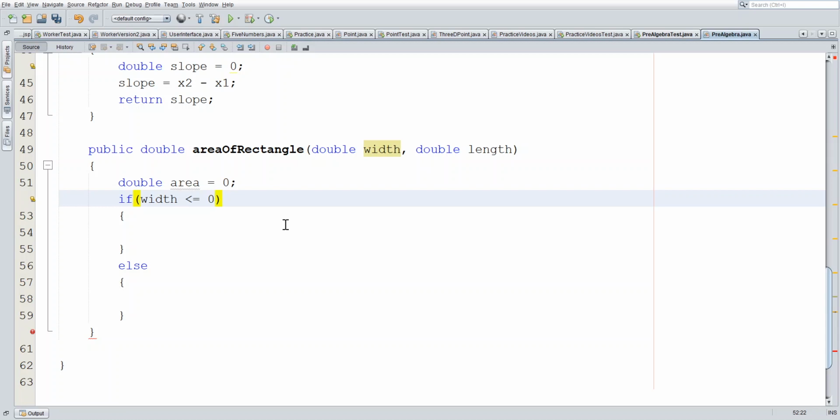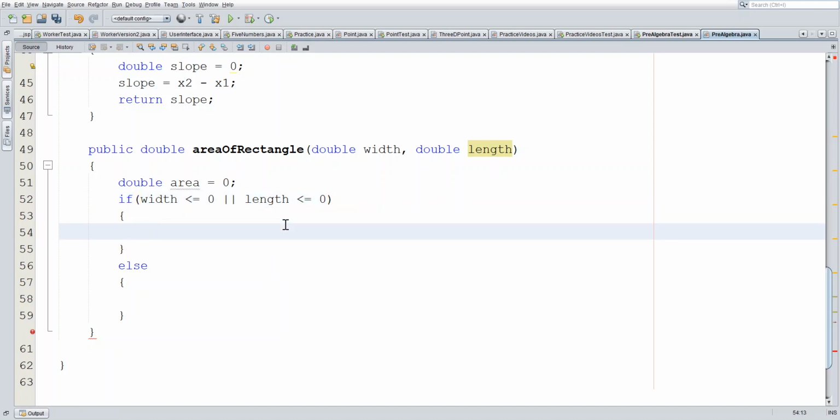If we do 0, we'll have an area of 0, since anything times 0, because the formula is length times width, will be 0. And there's no such thing as negative areas, right? So we're going to use the or statement. If either one of these is 0 or less than 0, it's not going to work.